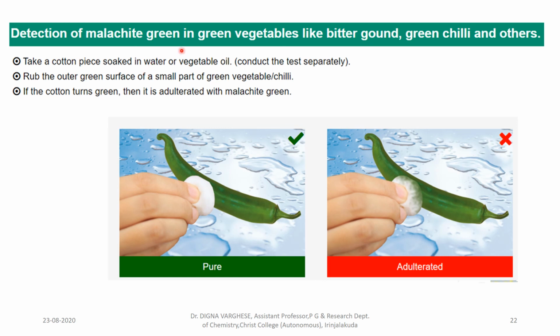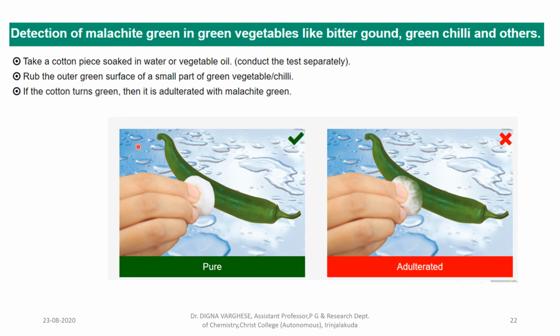Detection of malachite green in green vegetables like bitter gourd, green chili and others. Malachite green is a green dye, that is a banned dye. The method is like this: take a cotton piece soaked in water or vegetable oil. Conduct the test separately, dipped in water or in oil.